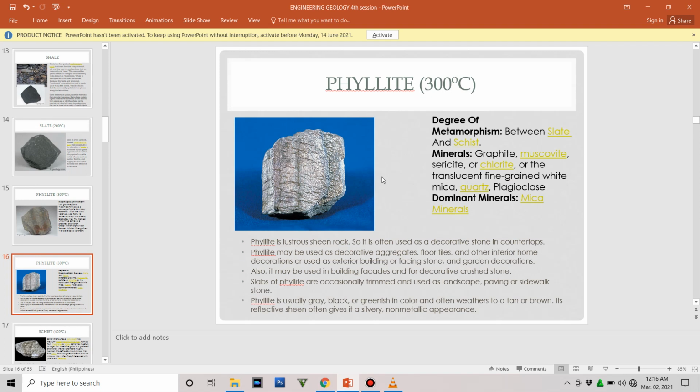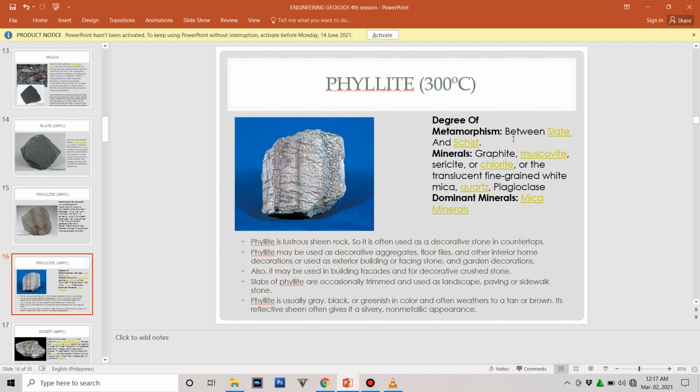So the degree of metamorphism is in between the slate and the schist. So the mineral composition is graphite, muscovite, sericite, chlorite, or the translucent fine-grained white mica, quartz, plagioclase.